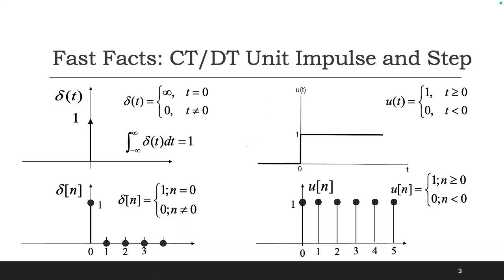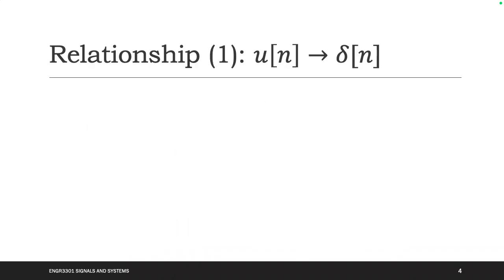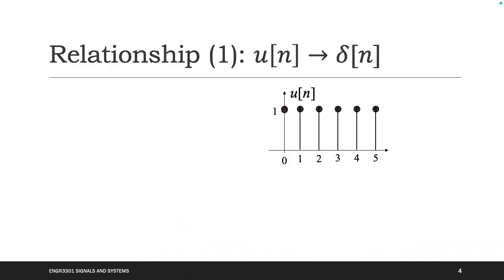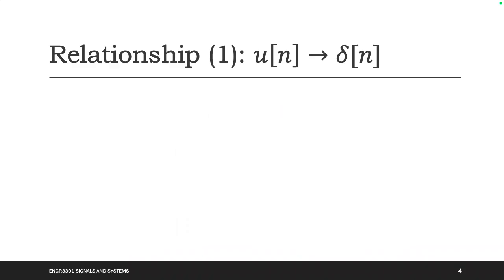Let's review the relationship. Let's try to recall how we can get delta n using u n, that is, how we can get the impulse function from the unit step function. Do you remember? Like a difference.